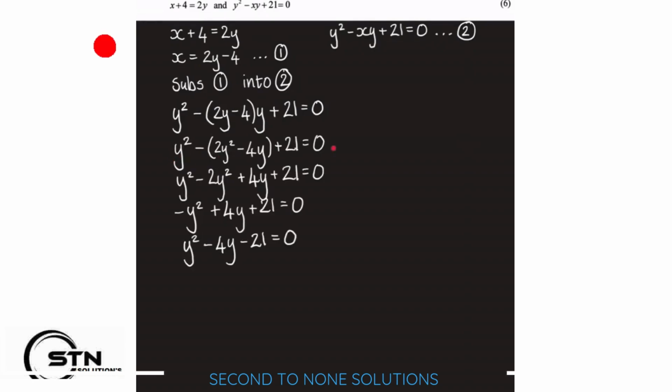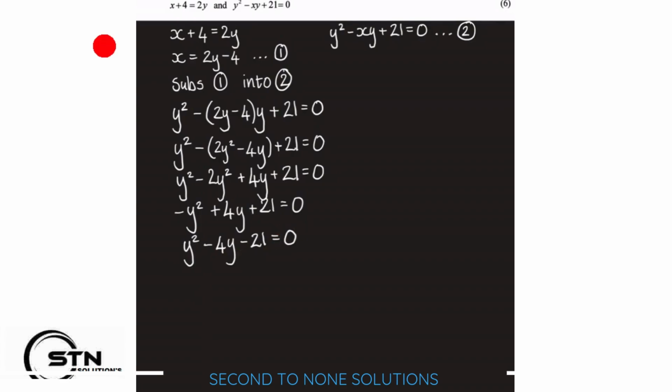And as you can see, I showed a whole lot of different steps with the multiplying out. And then before I decided to factorize the trinomial, I multiplied through by -1 because that'll just make my life easier. So I've got y squared minus 4y minus 21 equals 0.